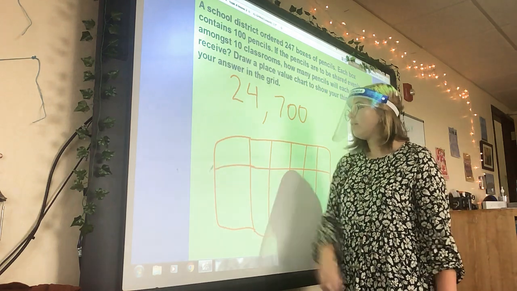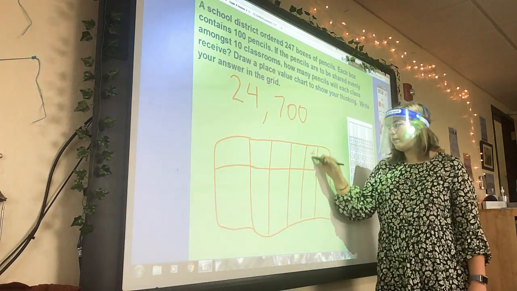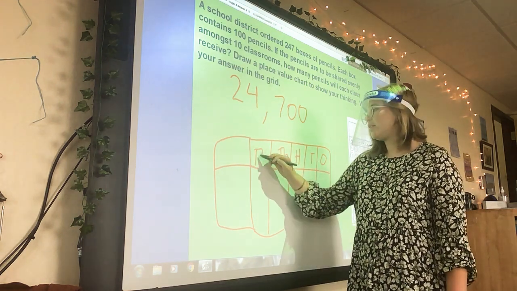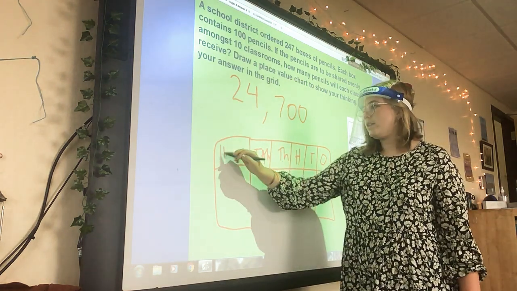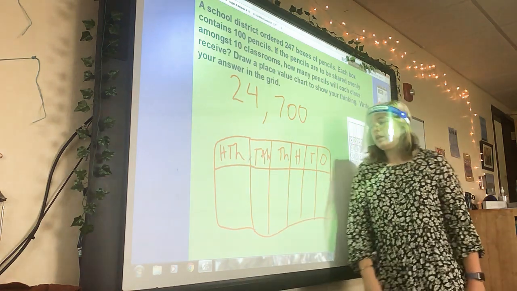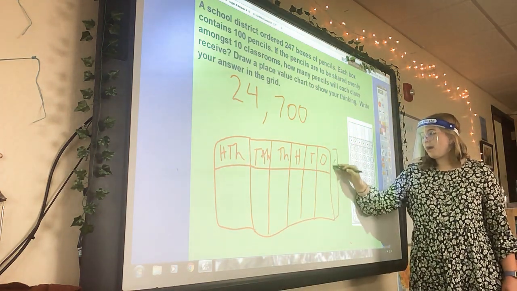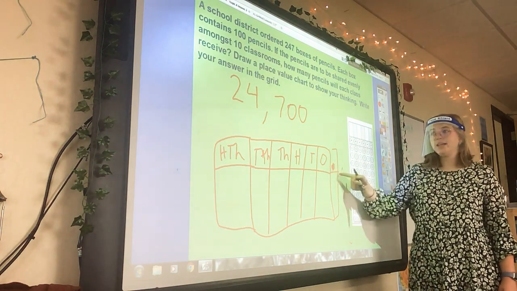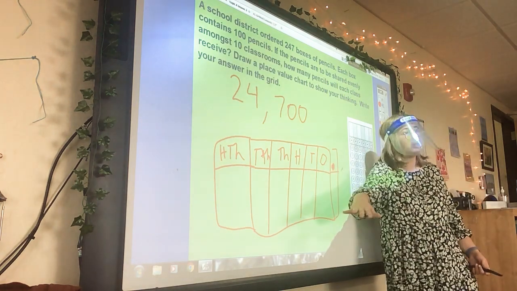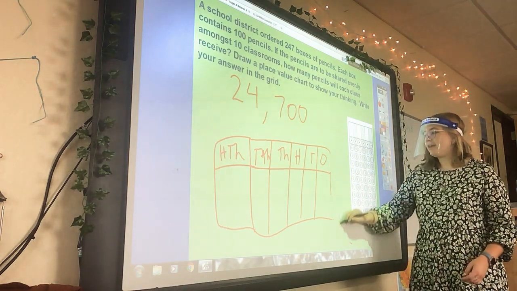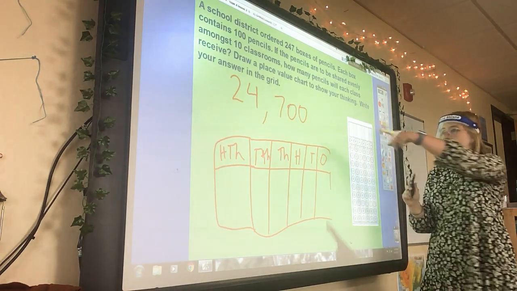So ones, tens, hundreds, thousands, 10,000s, 100,000. I don't need to put the spot with the decimal because we're just starting with a big whole number. If I needed to add that later, I can.